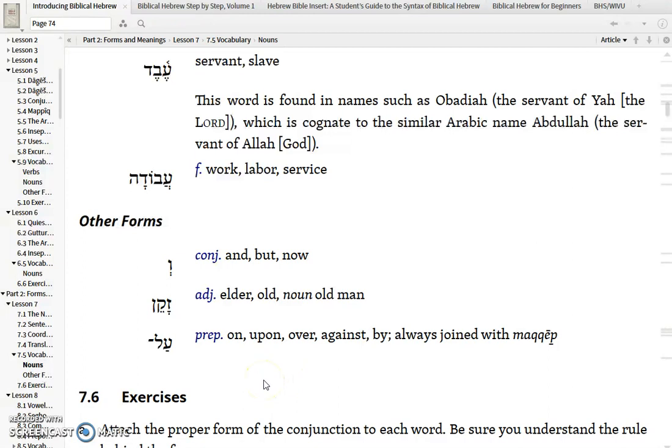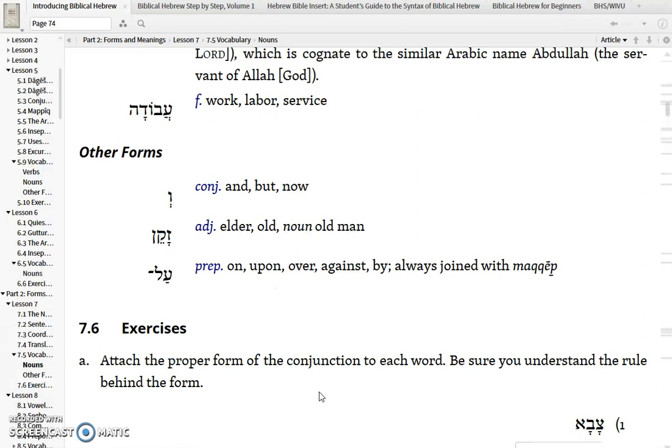And then zaken, an elder, or as an adjective old, and can refer as a noun to an old man. And then he introduces one other preposition, al, which means on or upon or over. It actually gives you a bunch of other glosses, against or by, and it's always joined with a makef. So it'll be al plus a makef, so that the accent will go on the following word.